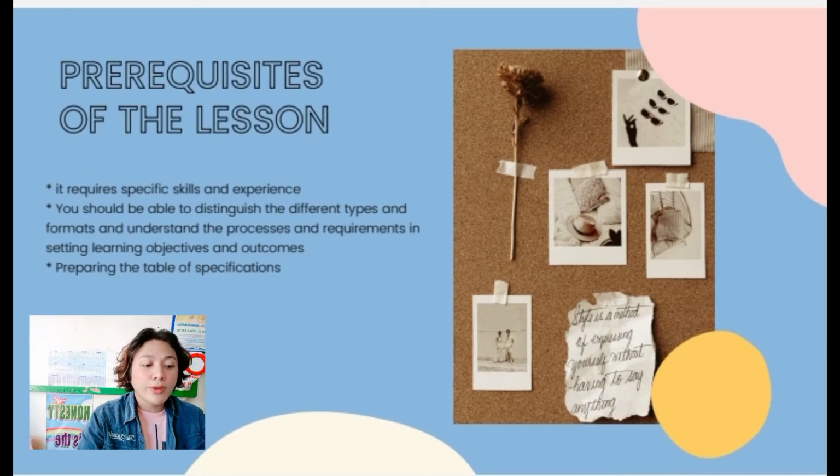Moving on to the prerequisites of the lesson, first, it requires specific skills and experience. Of course, you have to attain these qualities, these skills and experiences, in order to craft a well-formed construction of this written test.